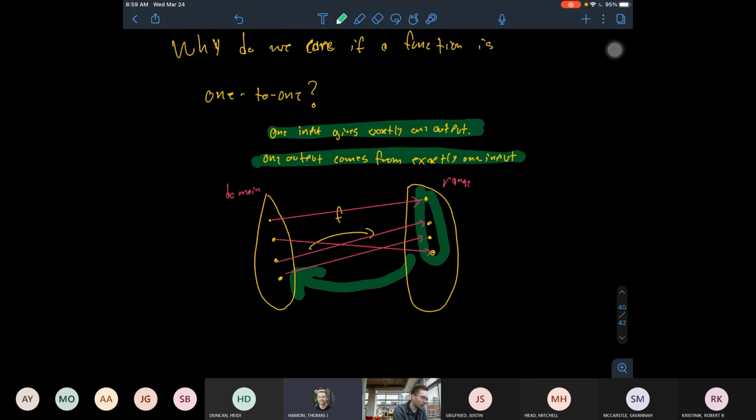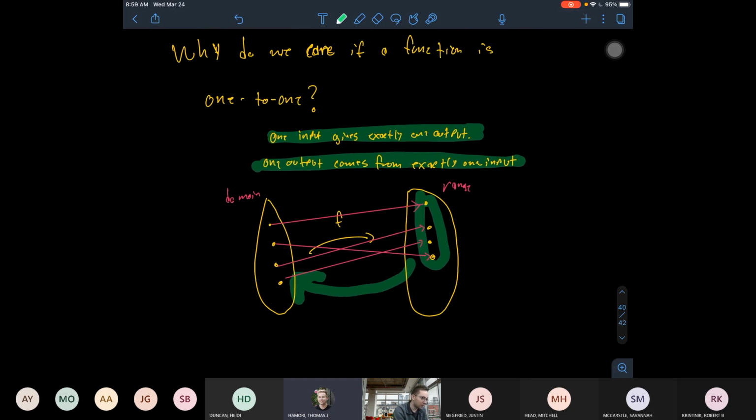There's a topic that we discussed a few times: if we have a function which goes from the left side to the right side, then sometimes, depending on the situation, we will also have a function which goes in the other direction.